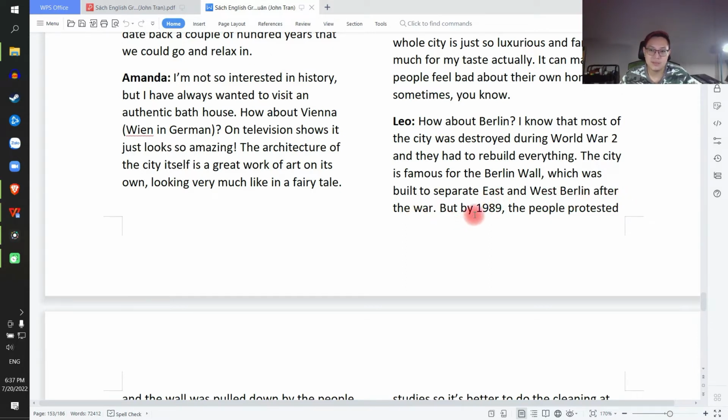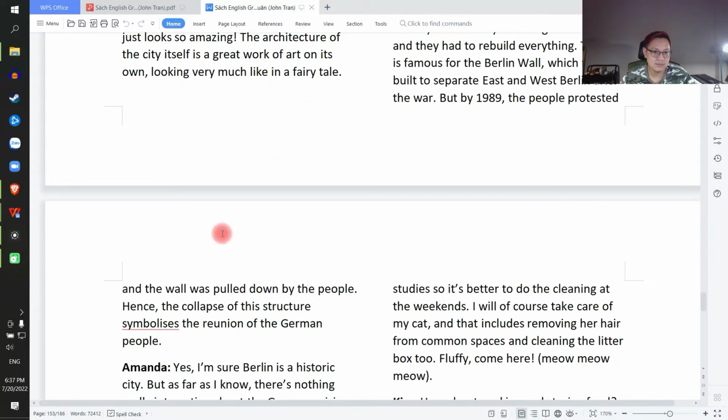Nhưng cho đến năm 1989, con người ta đã protested, đã biểu tình lên và cái tường này đã bị giật sập bởi chính quần chúng.